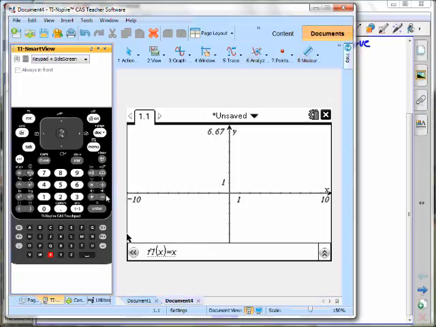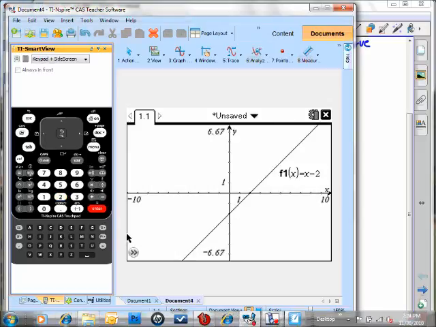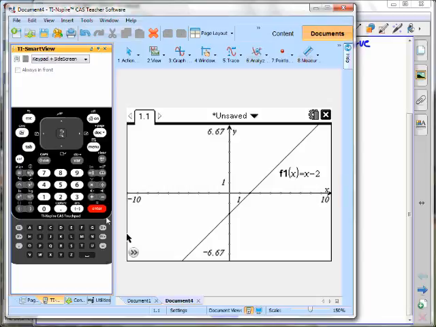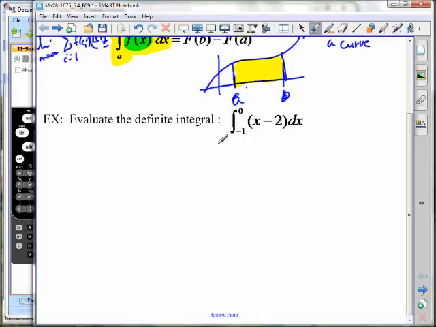And let's put in x minus 2. Nice straight line. Our closed interval is from -1 to 0.